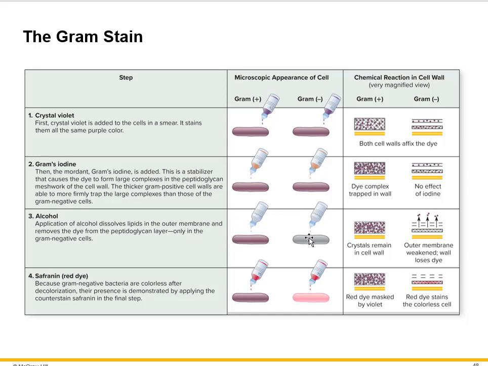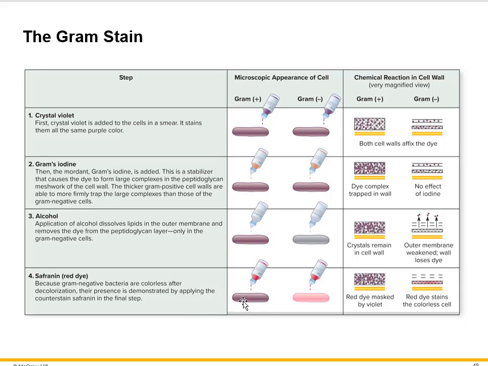The alcohol will decolorize the gram negative, so it's loose. Its outer membrane weakens, and the wall loses dye, and it either dissolves or it shrinks or something, but it decolorizes very easily, while the crystal violet iodine complex is remaining trapped in the thick peptidoglycan of gram positives.